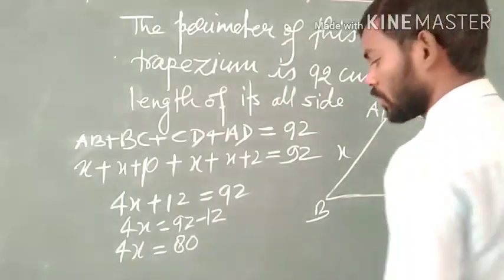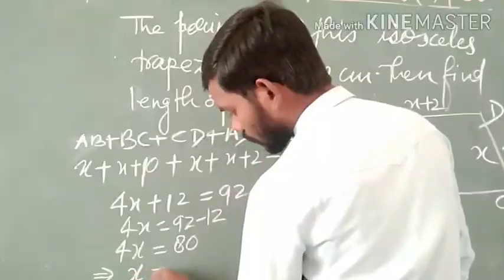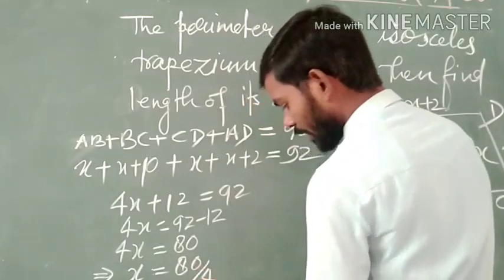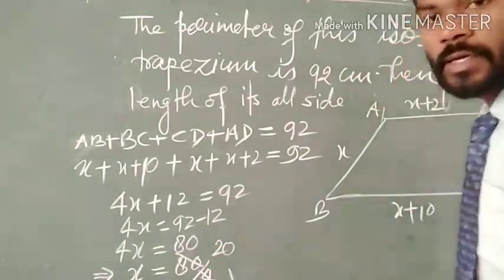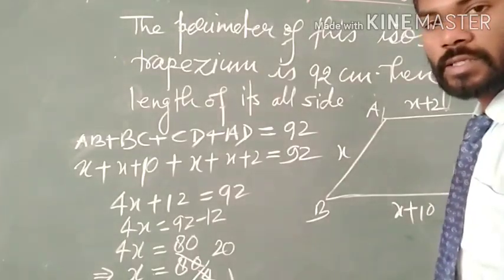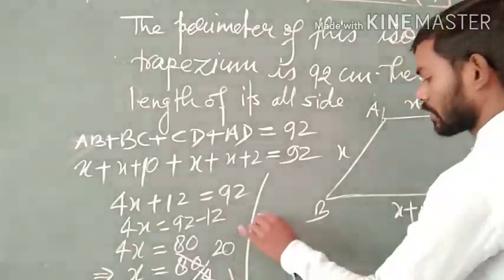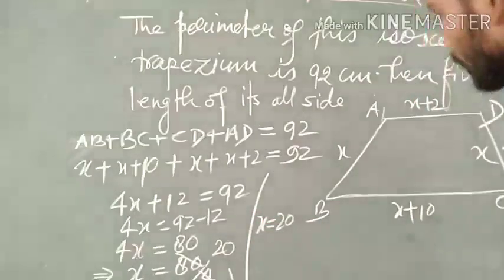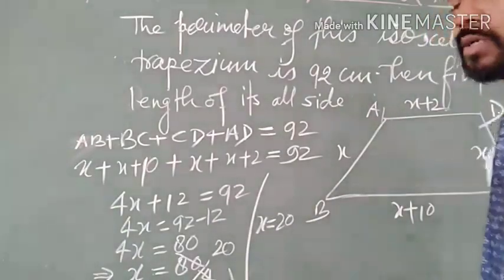Okay, so this implies x is equal to 80 upon 4, and at last we get the value of x is equal to 20.